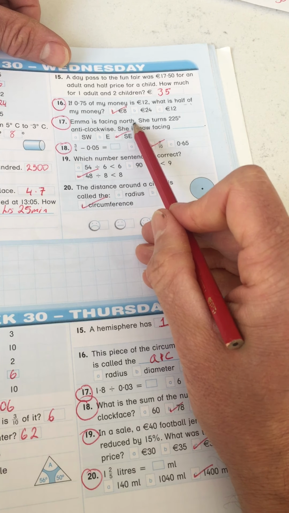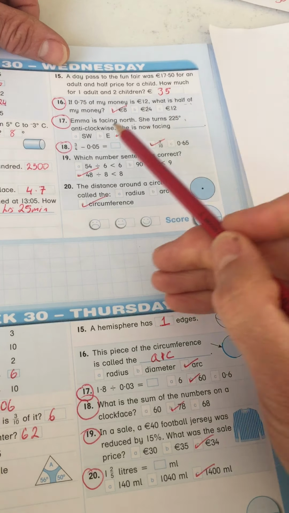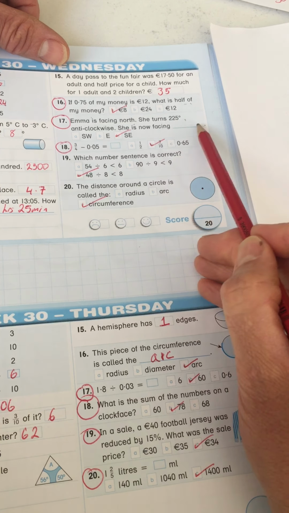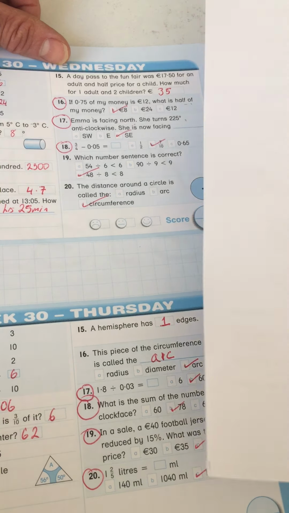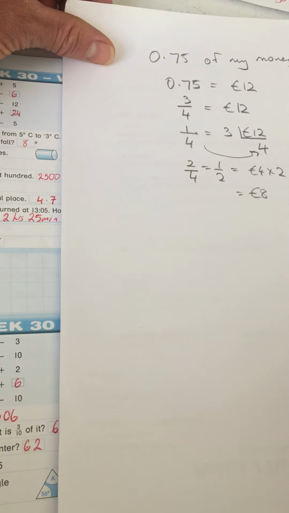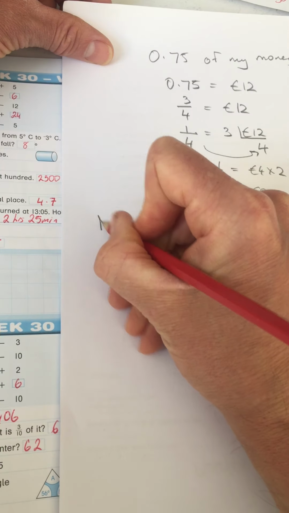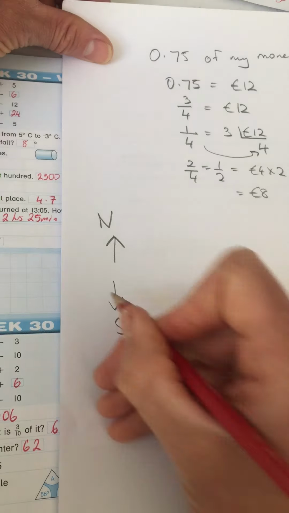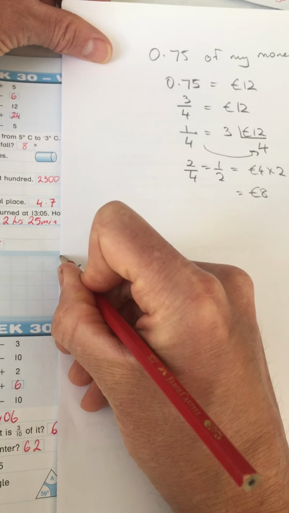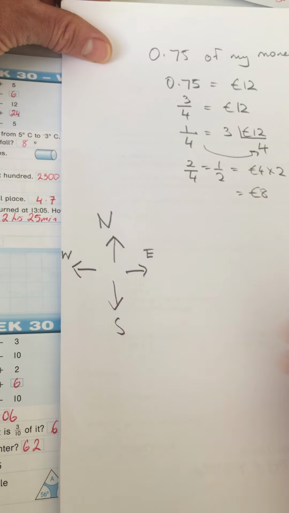Emma is facing north. Okay, she turns 225 degrees anti-clockwise. She is now facing southwest, east, or southeast. Okay, let's go and draw this out. This is question number 17. Emma is facing north. Okay, and the opposite of north is down the bottom, it's south. Over to the left is west, and over to the right is east.